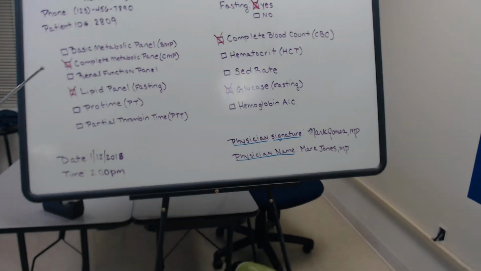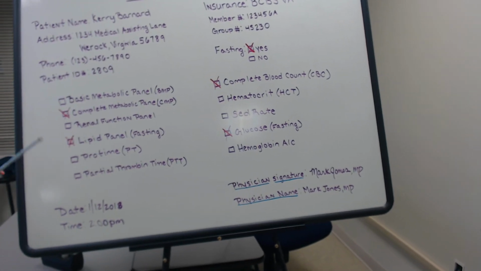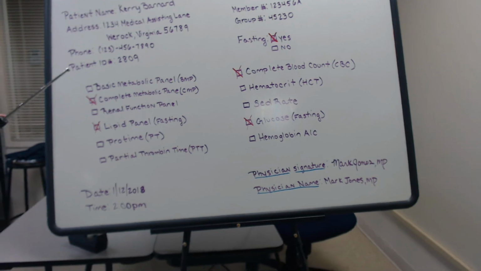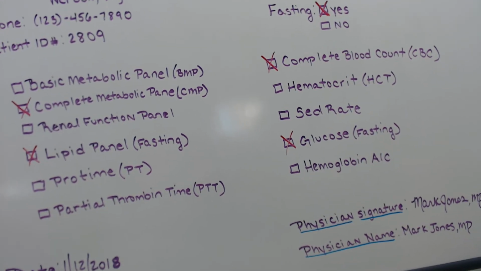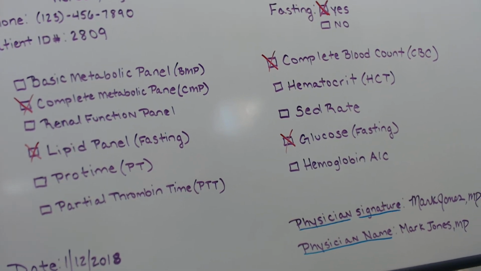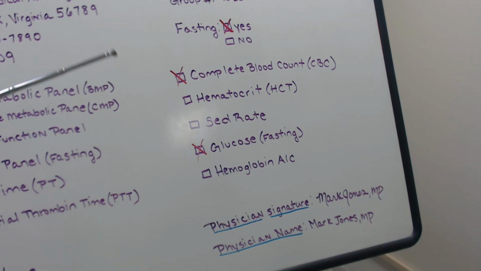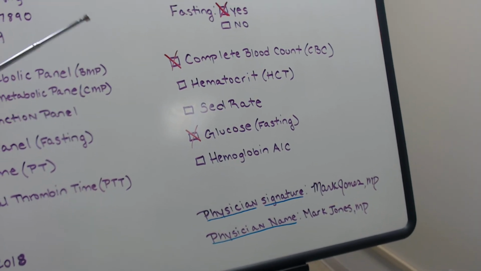And then lastly, they're going to have some tests that vary in how many will be on the requisition, but what you're looking for is what you have to draw on your patient. So Mr. Bernard here needs to have a complete metabolic panel, a fasting lipid panel, a complete blood count, and a fasting glucose drawn on him today.